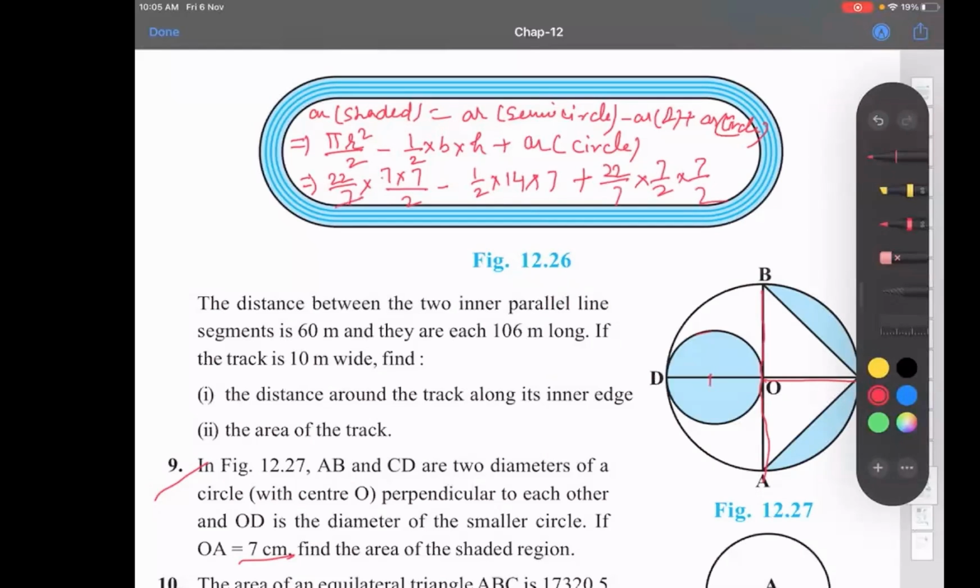By calculating it, we get 77 minus 49 plus 77/2.